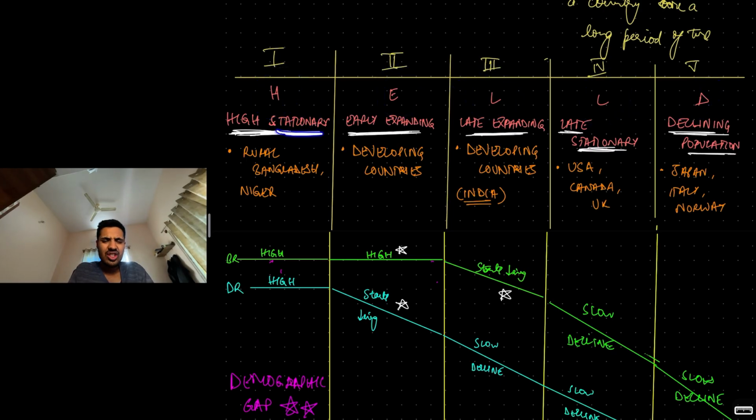Stationary, what does that indicate? Stable population. E for early expanding, increase in population. L for late expanding, increase in population. Again L for late stationary. So population is stable. D for declining population, so population obviously declines. But it's not that simple.